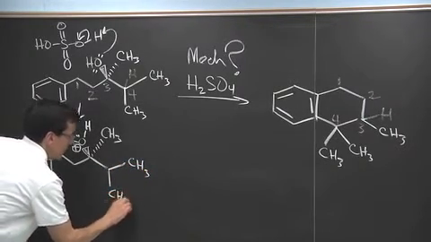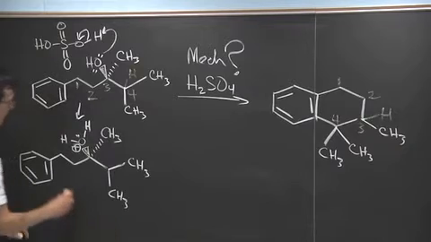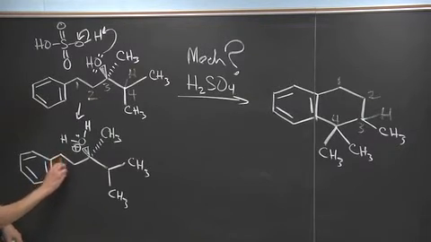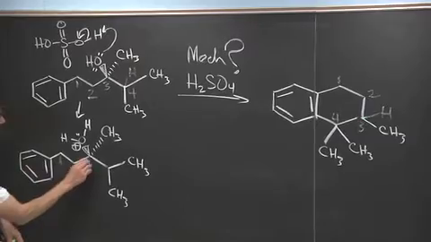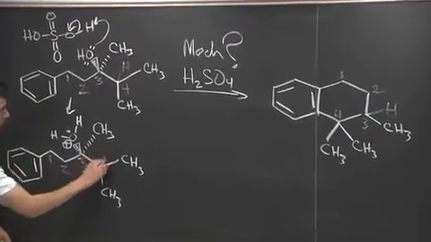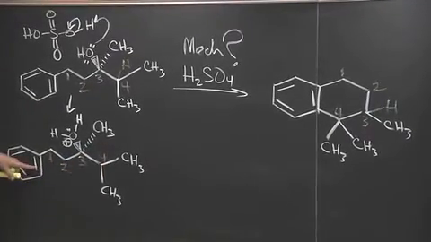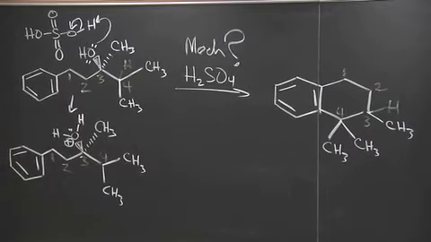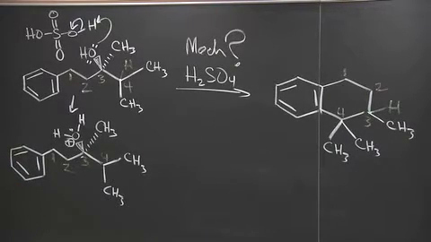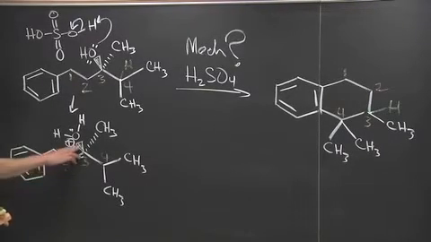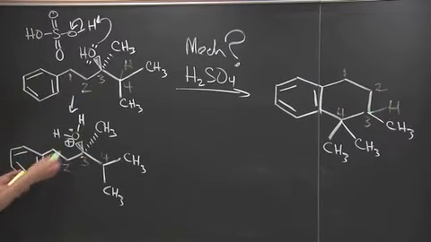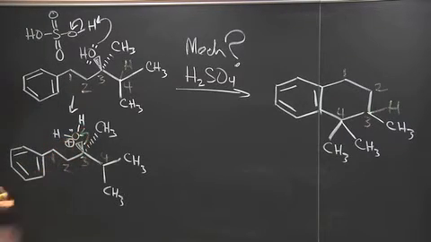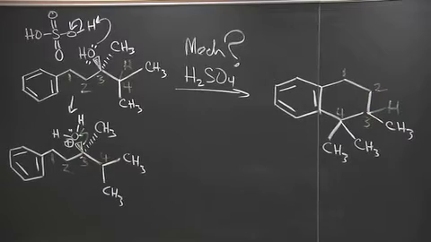Let's keep the numbers on the molecule here. So here's carbon 1, carbon 2, carbon 3, carbon 4. So at this point, and feel free to pause the video at any point once you get the hang of what to do, the leaving group could leave, and that's going to generate a carbocation.